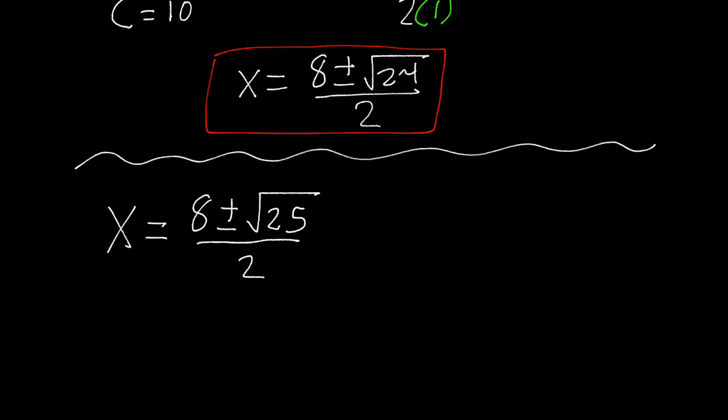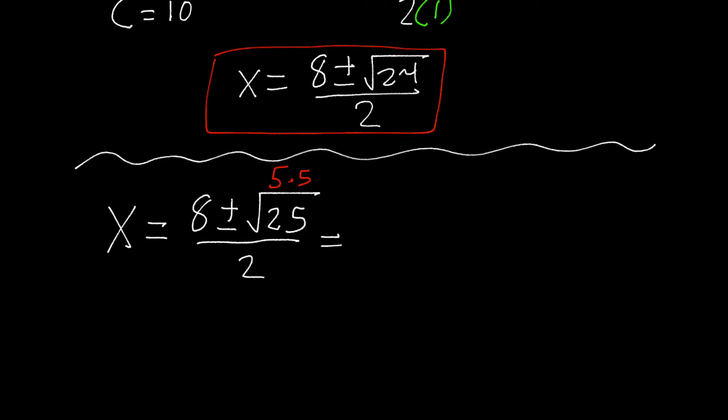Now the reason why I'm showing you this is because 25 is a perfect square. It's 5 times 5. 5 times 5 is 25. 24 is not a perfect square, so I don't have to worry about this with the actual answer. But 25 is a perfect square. So because of that, I can actually take the square root.